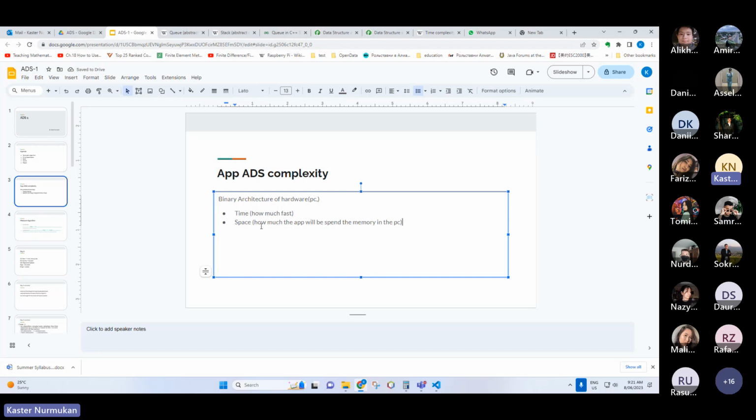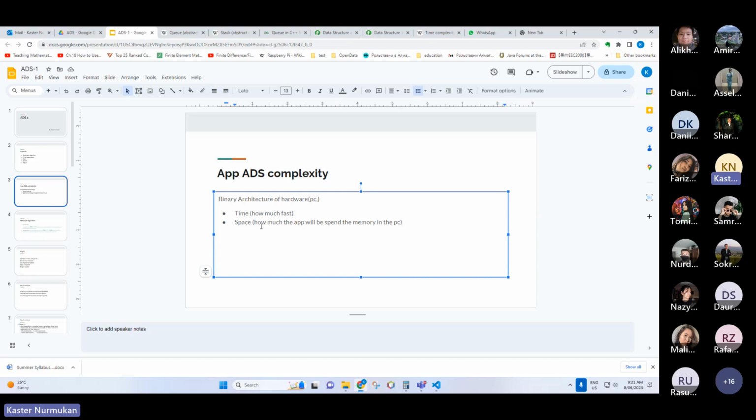In this course, we try to understand how I can improve the performance of the application, whether I can make it faster, whether I can save more space in order to get some advantage.